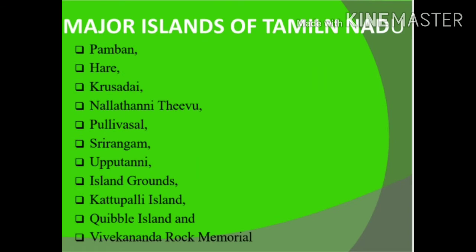We can see many islands from Tuticorin to Rameshwaram in Tamil Nadu. They are Pamban, Hare, Kurusadi, Nallathanni Teevu and Pullivasal. These are between Rameshwaram and Thoothukudi.